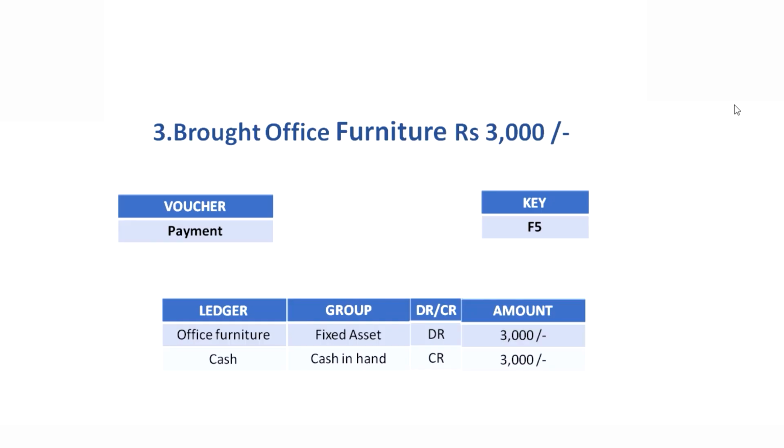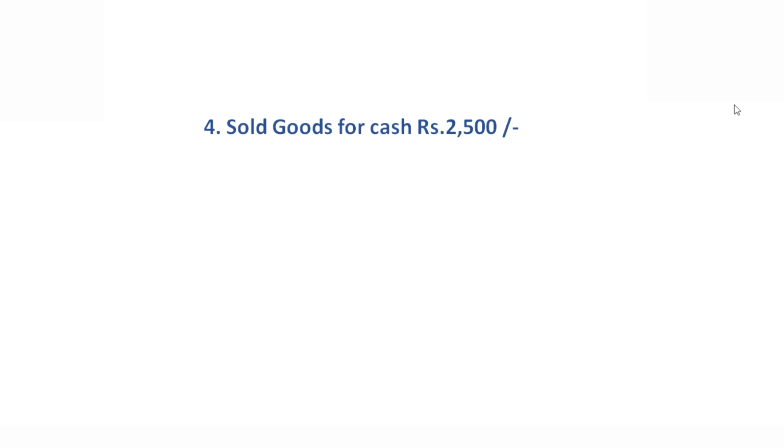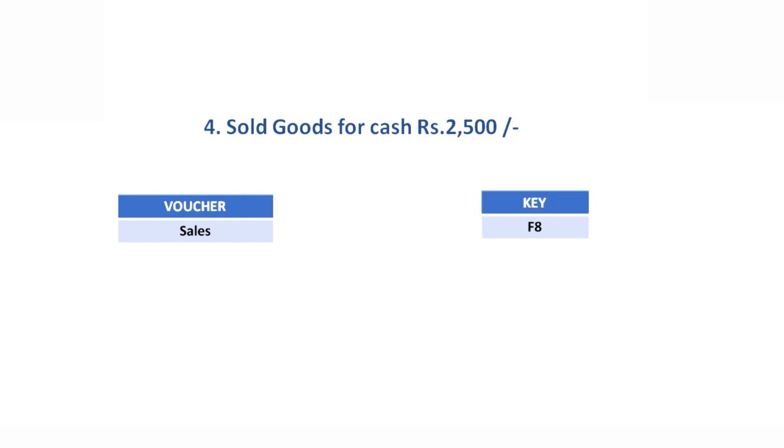So next we go with a transaction called goods sold for rupees 2500. We made a sale of rupees 2500 and we have received cash. For this we use a sales voucher. The shortcut key will be F8.